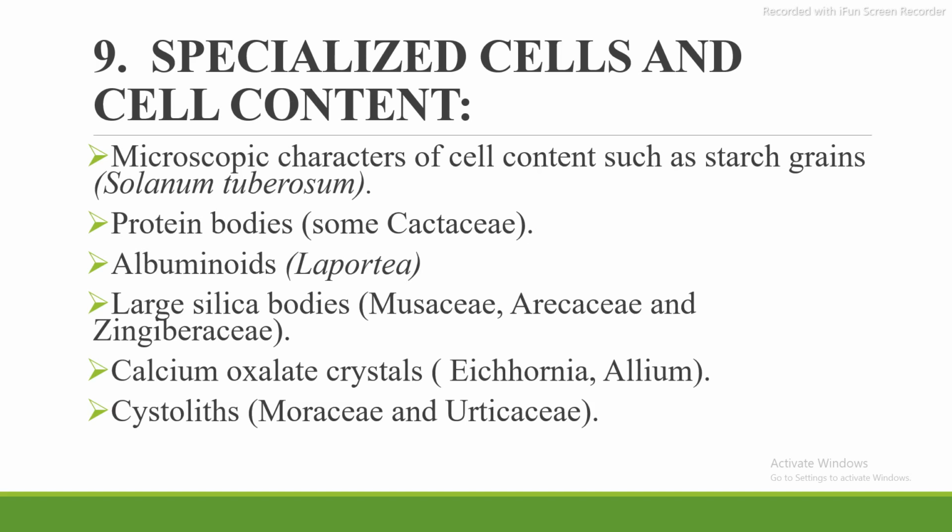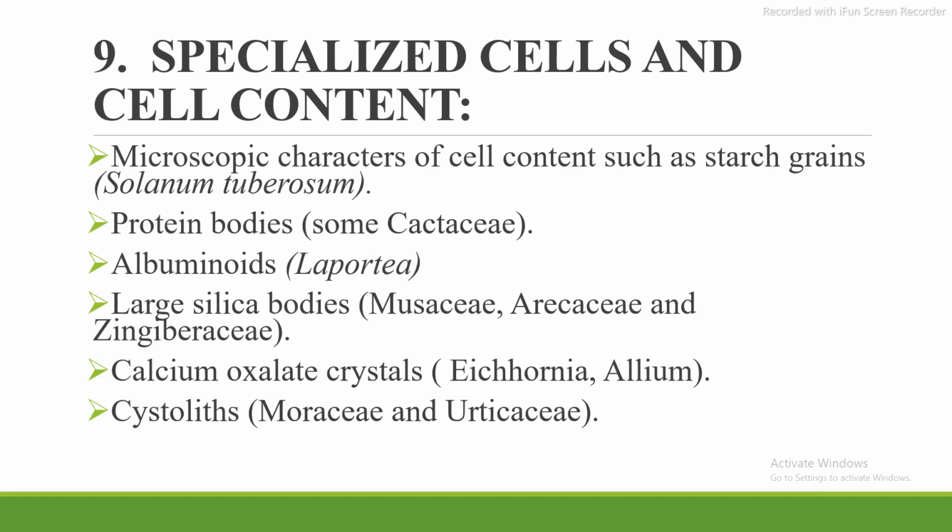Next is specialized cells and the cell content. Microscopic characters of the cell content, such as the starch grains, for example, in Solanum tuberosum. Protein bodies, like those found in some members of the Cactaceae. Albuminoids, found inside the Lapotia.